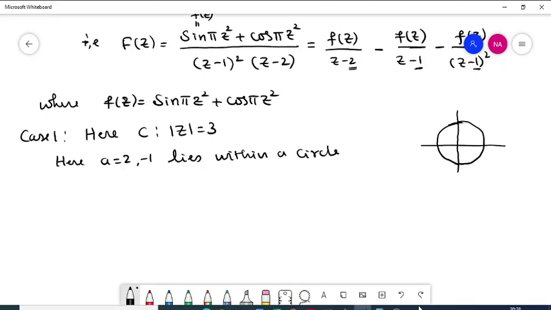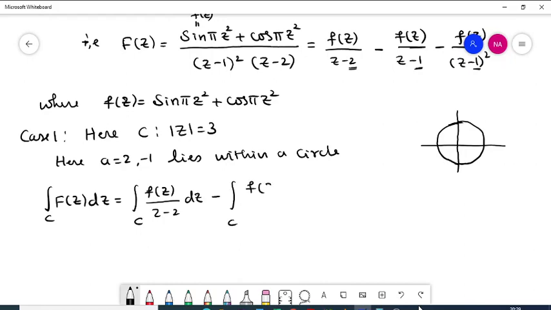Integral of capital F of z dz over C will be integral over C of f of z divided by z minus 2 dz minus integral over C of f of z divided by z minus 1 dz minus integral over C of f of z divided by z minus 1 whole square dz.